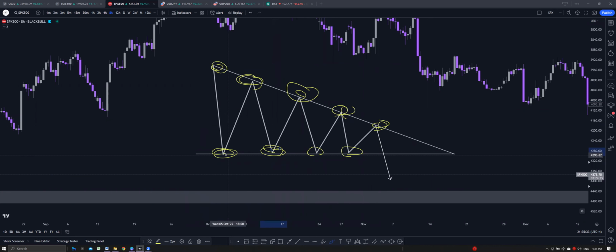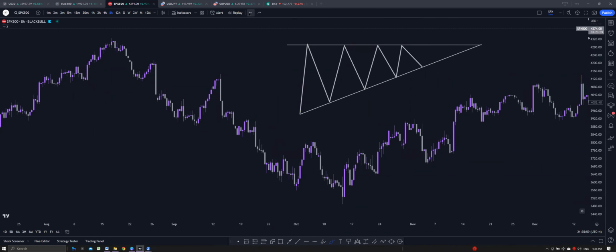They keep on holding the support. And eventually the pressure gets too much and the sellers penetrate through that area and create a new lower low. So this is a bearish pattern that I like to keep an eye on. Let me move that there.